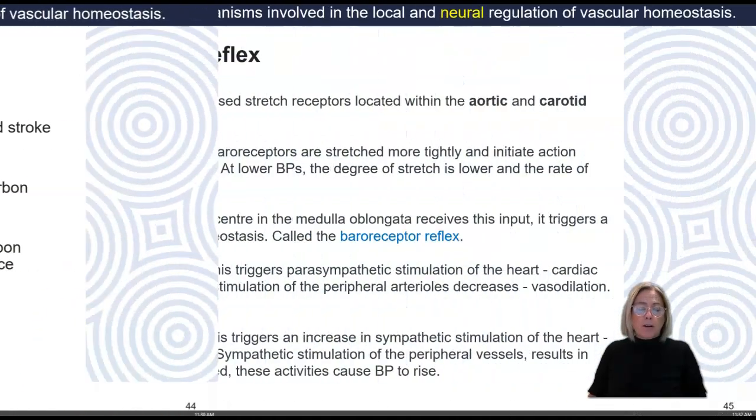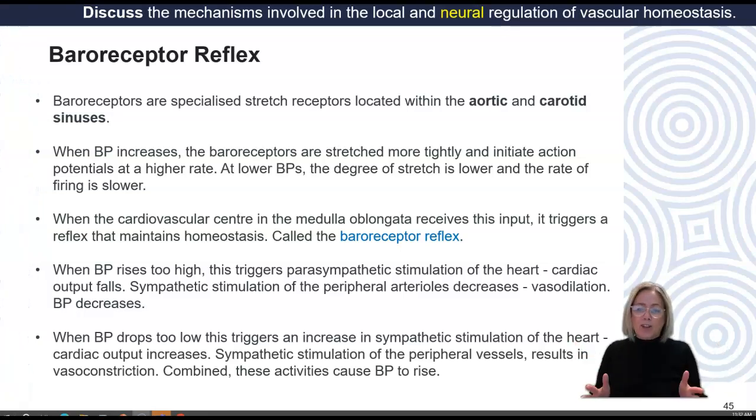Starting with the baroreceptor reflex, if you got all this in the heart topic, you could skip through this bit, but I'm going to repeat it here. Remember, baroreceptors are specialized stretch receptors. They respond to stretches in arterial walls, and are located within the aortic arch and the carotid sinuses. When your blood pressure increases, those baroreceptors are stretched more tightly, which activates them, and they initiate action potentials at a high rate.